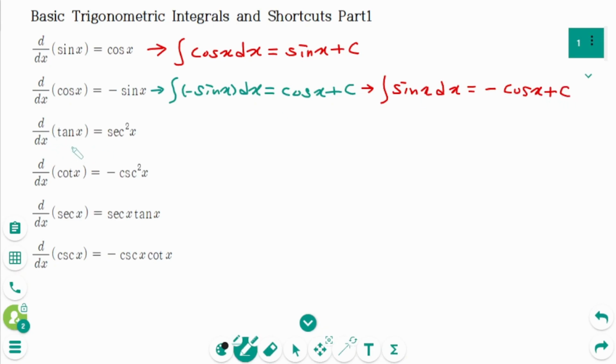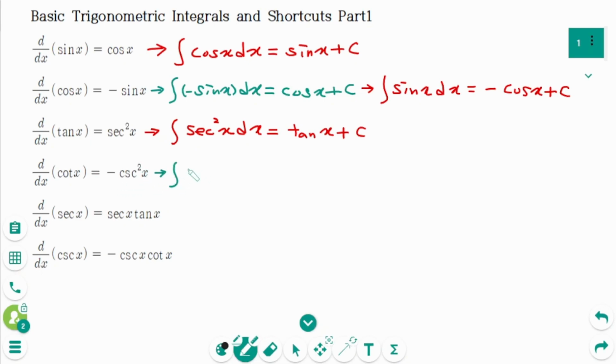The third one, derivative of tangent x is secant squared x. So the integral of secant squared x dx equals tangent x plus c. Derivative of cotangent x is minus cosecant squared x.